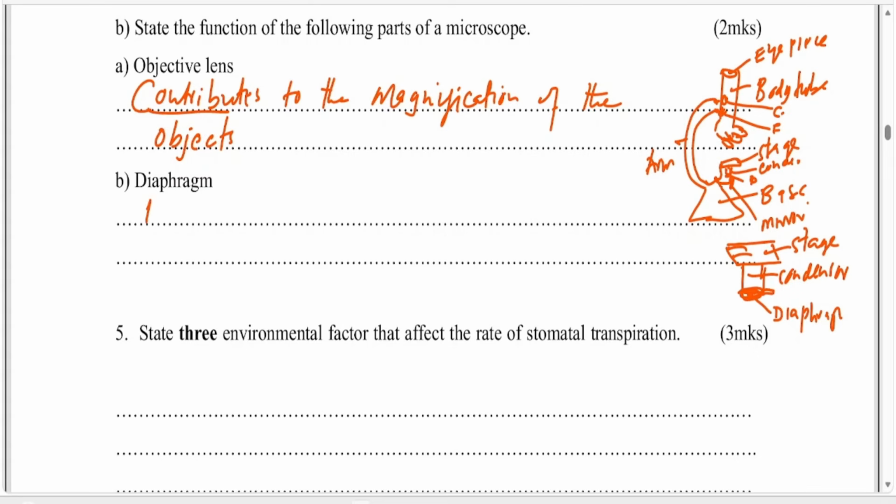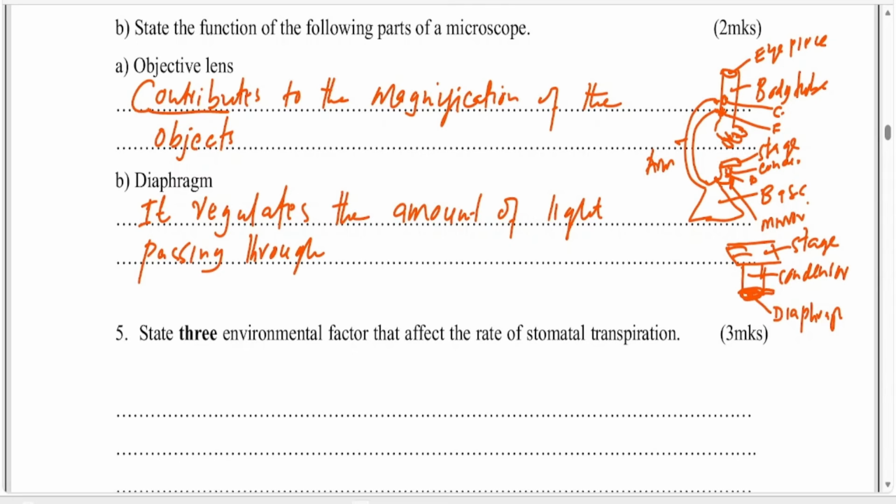So it regulates the amount of light passing through the condenser to illuminate the specimen.